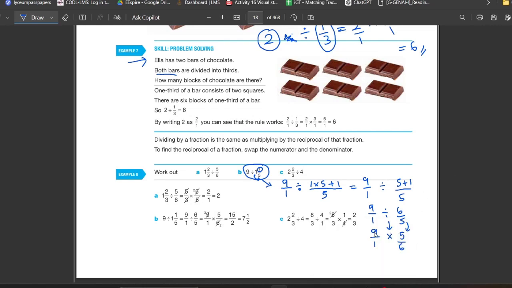And we can divide this 9 and 6 by the same number. If we divide by 3, the result is 3. Divide by 3, the result is 2. So now we can get the final answer: 3 times 5 is 15 over 1 times 2 is 2. So this is the final answer.